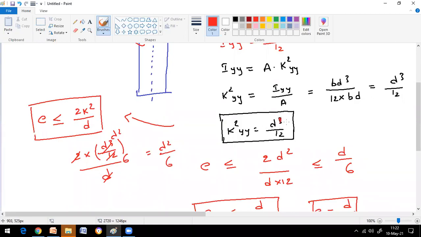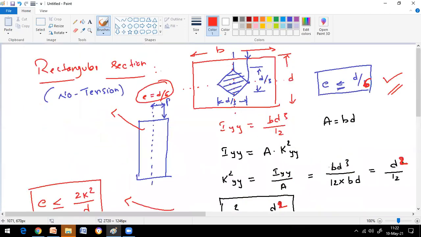Sorry, this is not d cube, here we already have d. Right, sorry, d square, this is not d cube. Okay, d by 6 correct. It is d square by 12, not d cube. I wrote it wrong here, d square, then it will become d by 6. Okay, right? So understood, right?